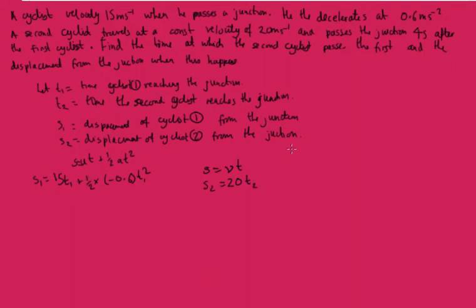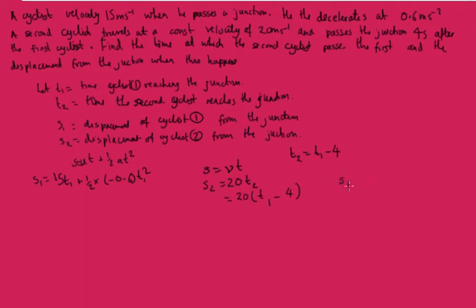Now T2 is going to be T1 minus 4. So we can put this into here, 20 (T1 minus 4). We want to know the distance when the cyclists pass.